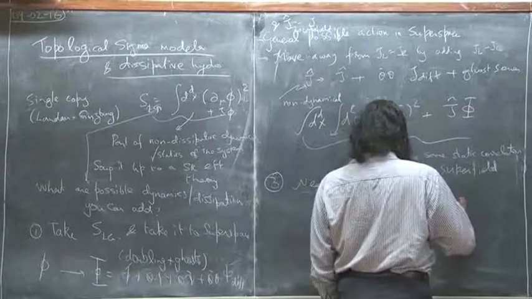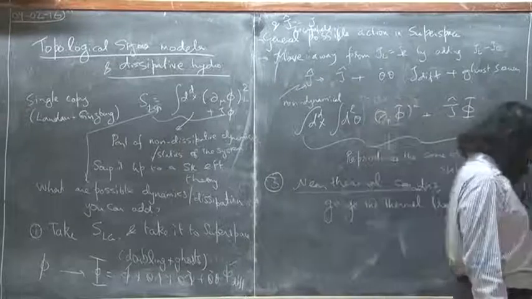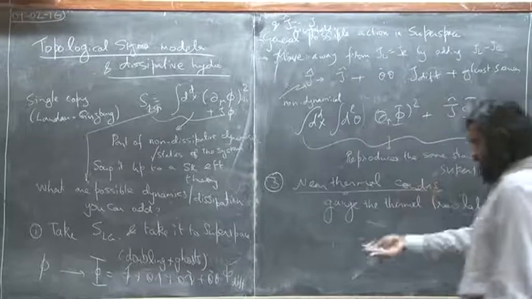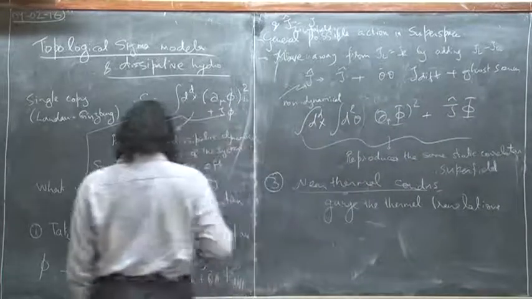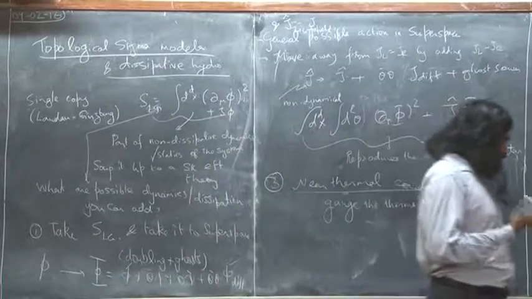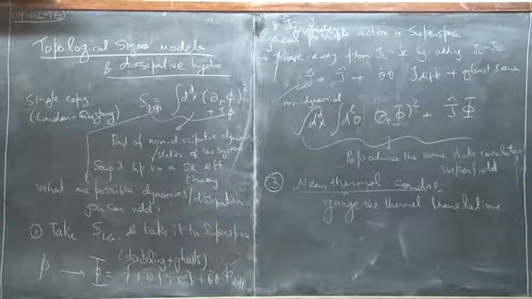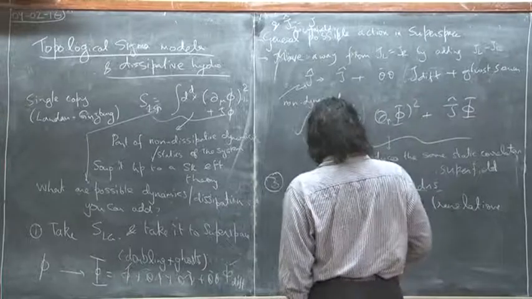So this is already clear in the Euclidean description, at least, where what we do is that we take a field and we say, if you thermally translate that field, you get back that field after some sign or something. But you get back the field. So the Euclidean field theory already gauges thermal transformations. And what I'm trying to do is basically do the same thing in the real time field.